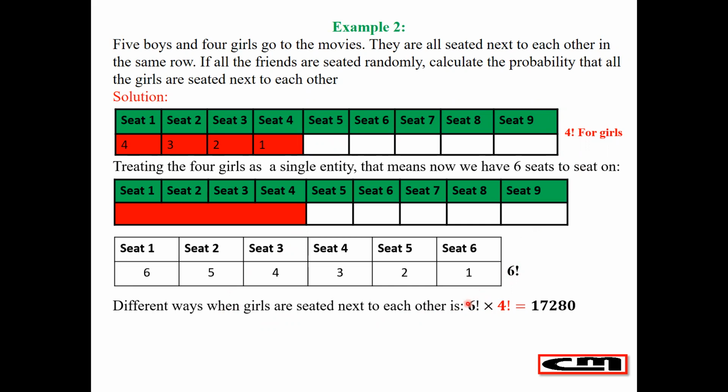That means the number of ways the girls can sit with the other people times the number of ways they can sit on their 4 seats, giving us 17,280 ways of sitting the whole group where the 4 girls are always next to each other.